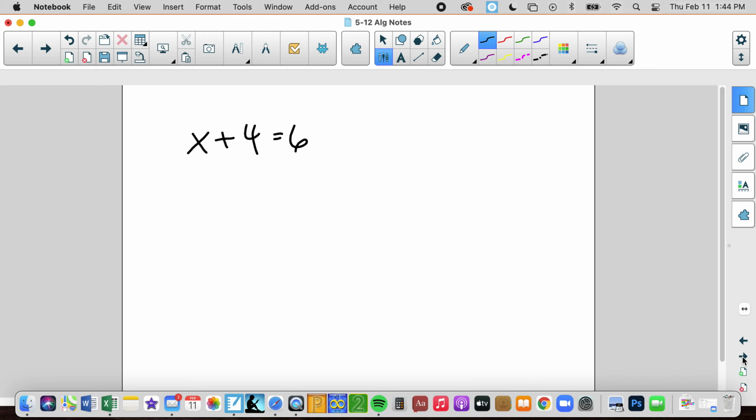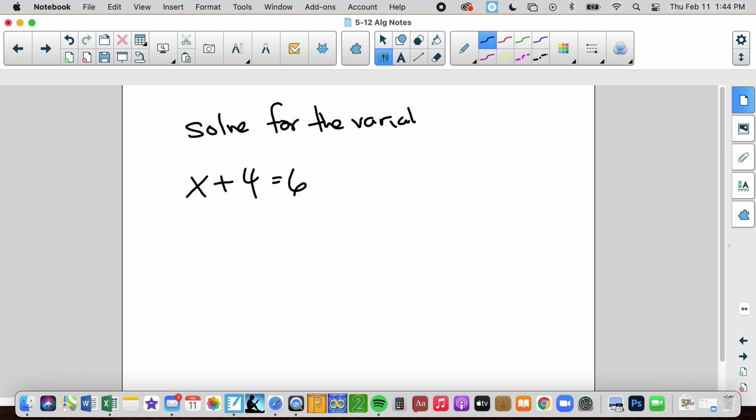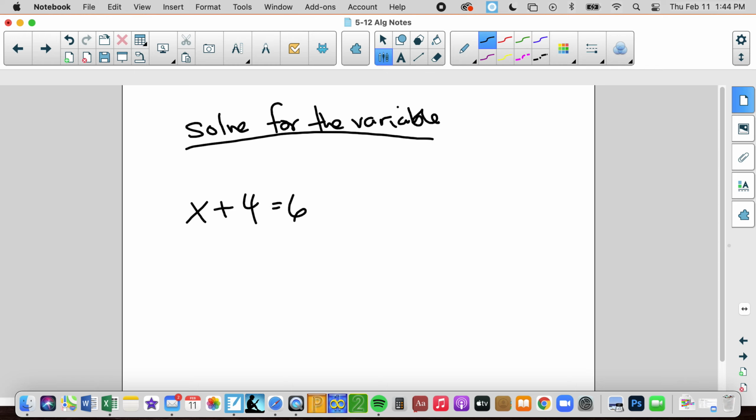So we've been dealing with solving for variables. When we have equations, when there's an equal sign, then typically we want to solve for the variable. And the variable in this case is x. This is very basic. This is a one-step equation that we should be familiar with. We want to isolate the variable.